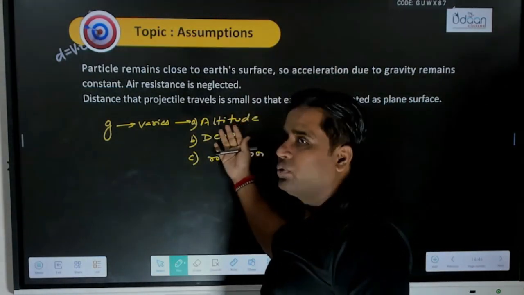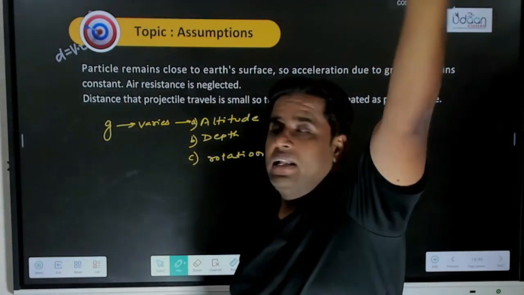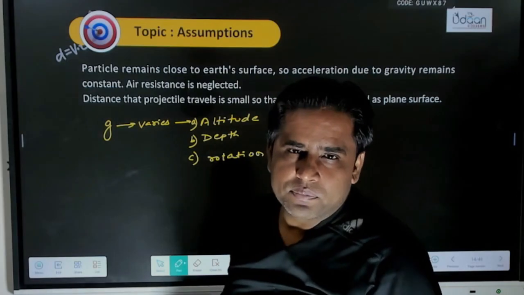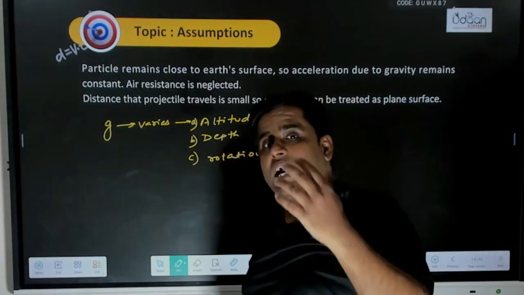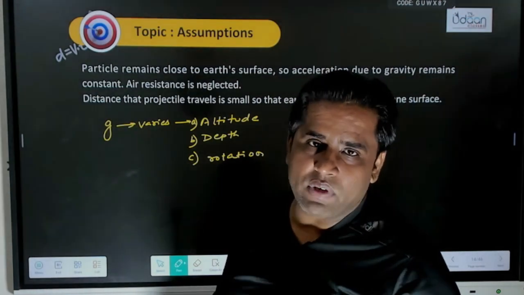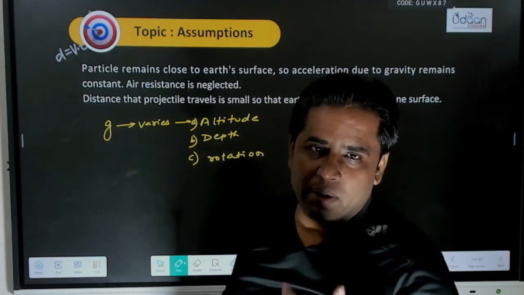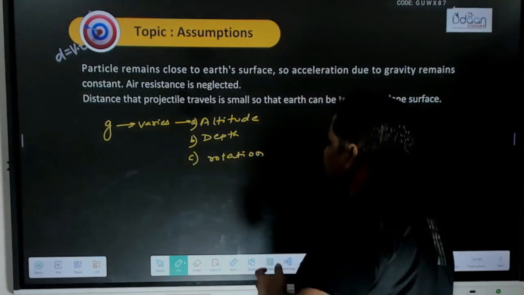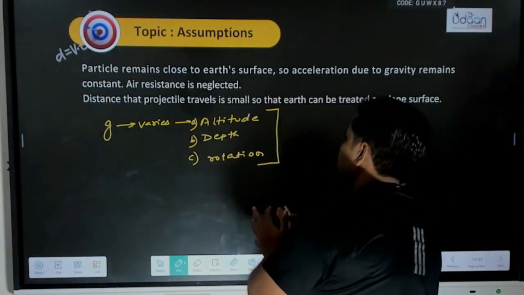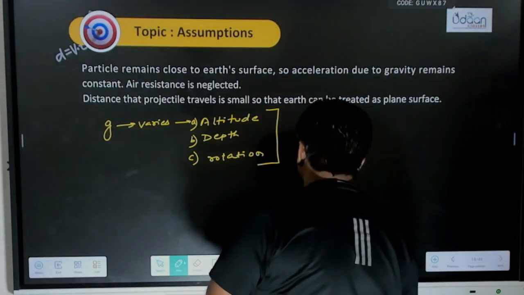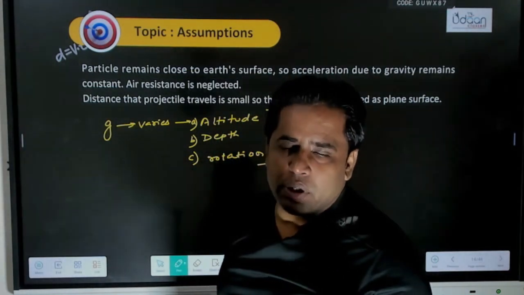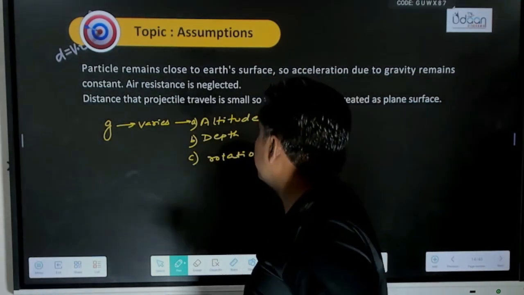And the altitude must not be so high that the acceleration due to gravity starts behaving like a variable. And the depth must not be so deep that the same condition arises. So we can say these three conditions must be taken care of so that the acceleration due to gravity behaves as constant.